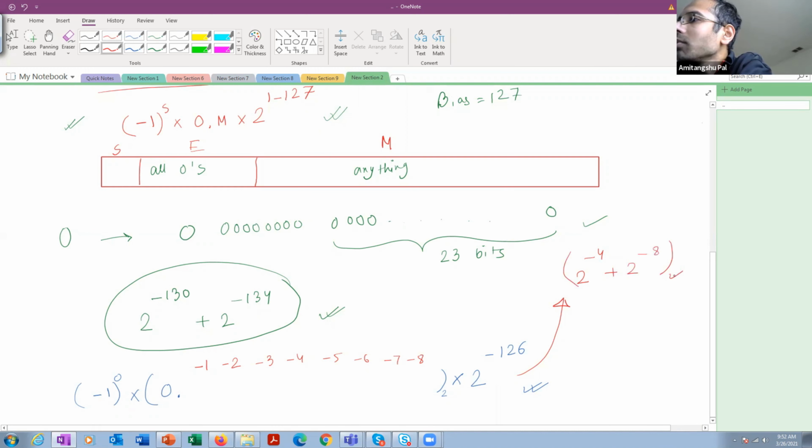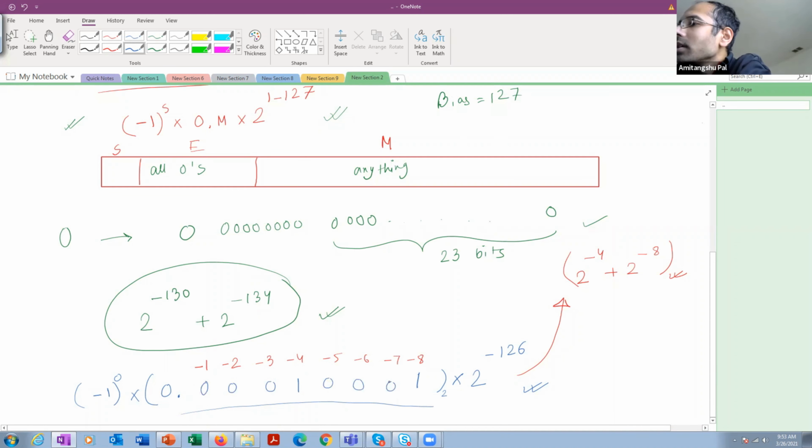So to fill up this mantissa section, I need to ensure that the 2 to the minus 4 term is 1, and the 2 to the minus 8 term is 1. All the other terms will be 0.